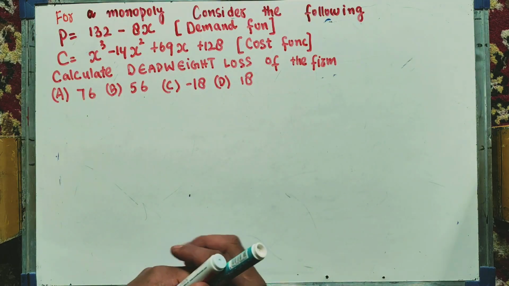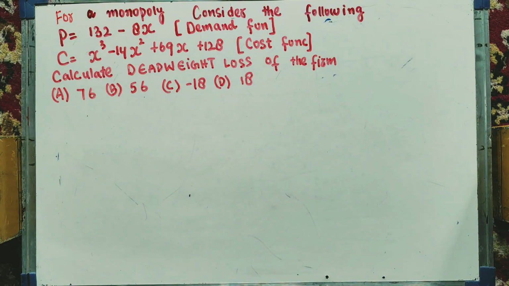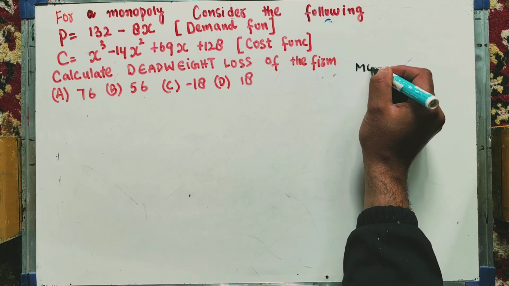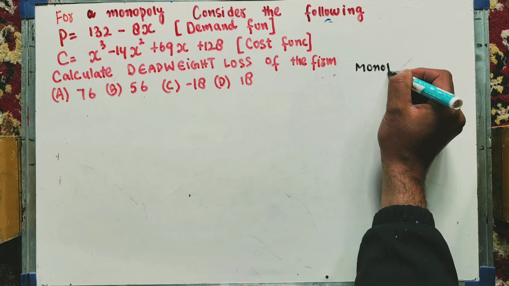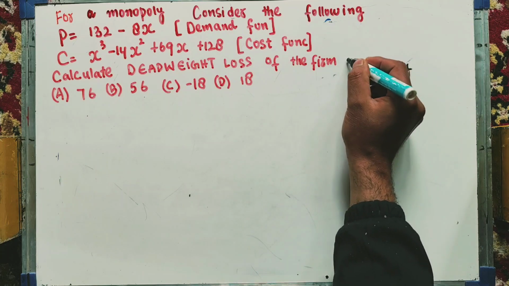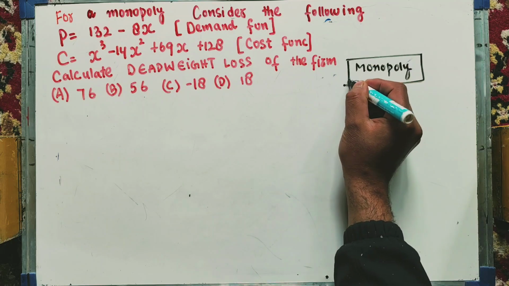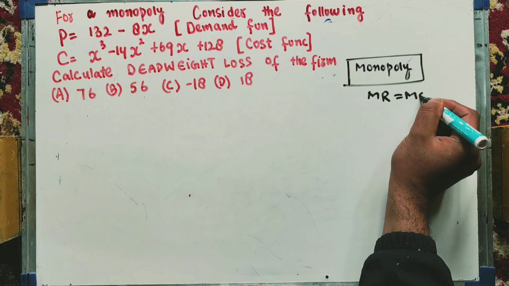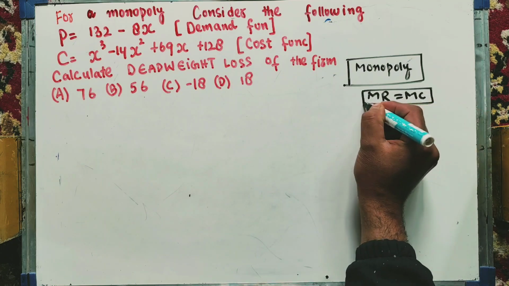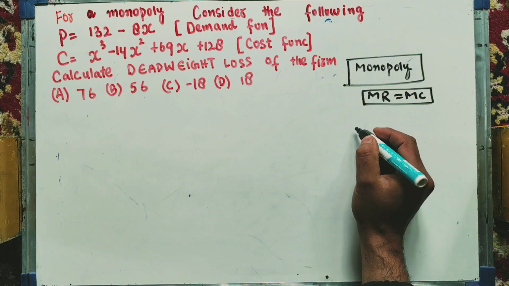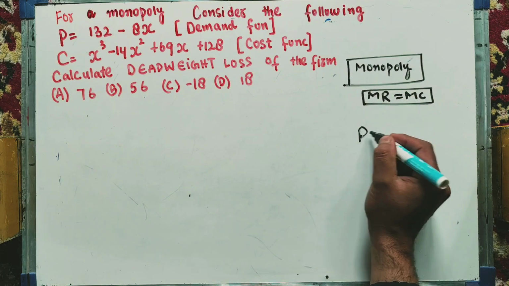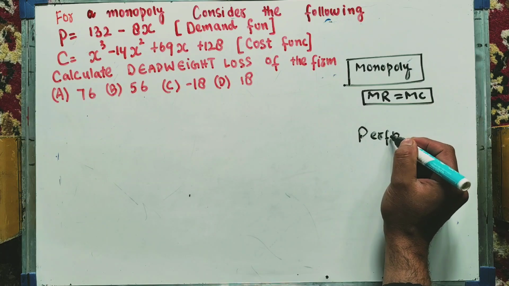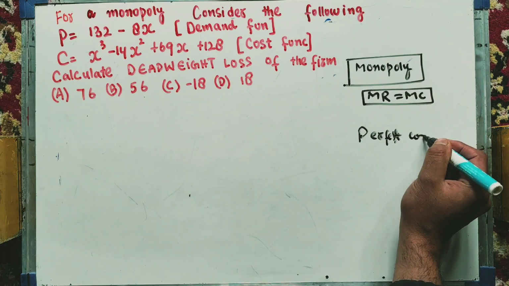Okay. So to calculate deadweight loss, what we need to do? We need to find out the 2 points. The point where monopoly produces. So monopoly equilibrium condition, we know that for monopoly we equate marginal revenue with marginal cost. And we compare it with the socially optimal point, that is in case of perfect competition.